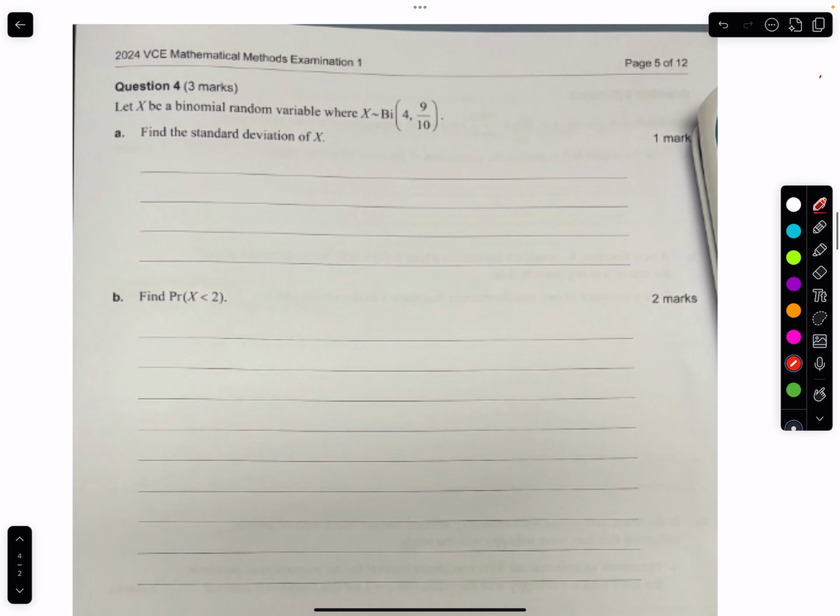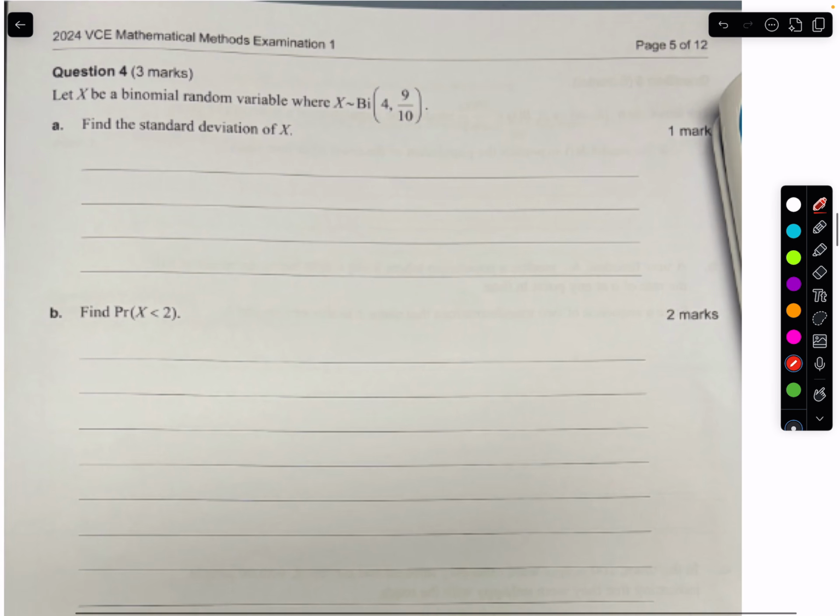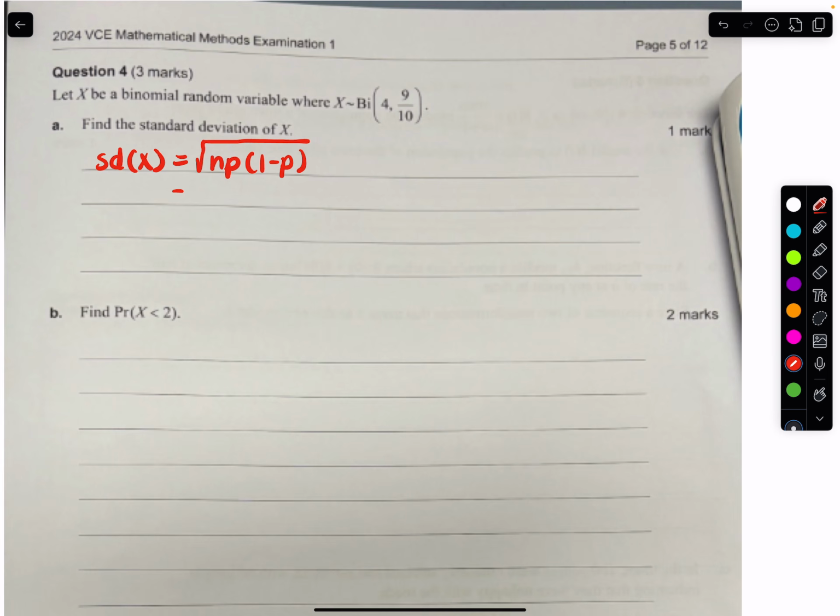This difficulty. Question 4. Let x be a binomial random variable with n equal to 4 and the probability of success is 9 over 10. Find the standard deviation of x. Really easy. We know that the standard deviation of a binomial distribution is just the square root of np(1 minus p). So what's n?